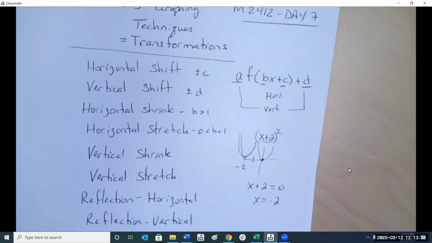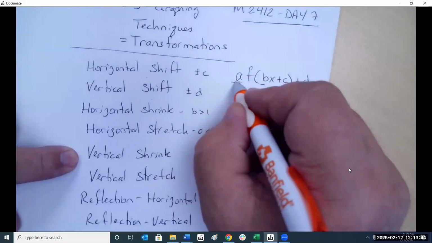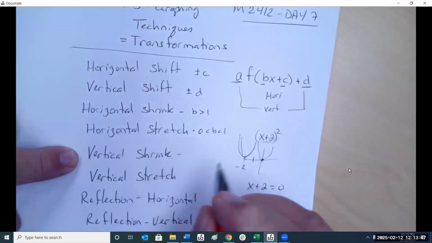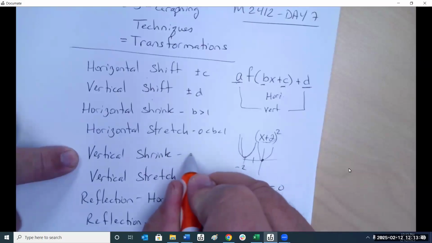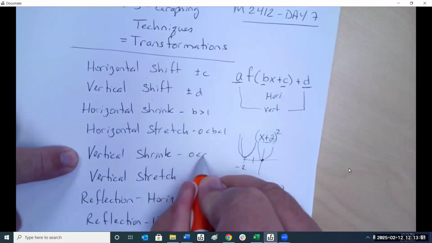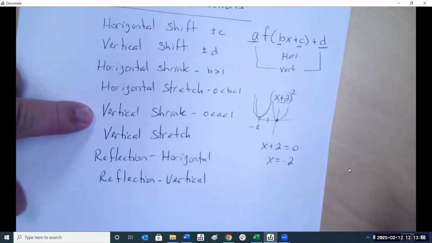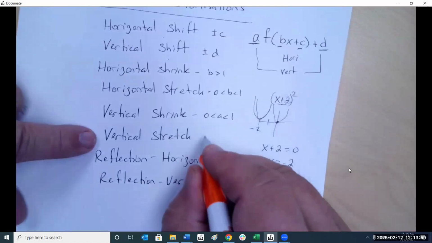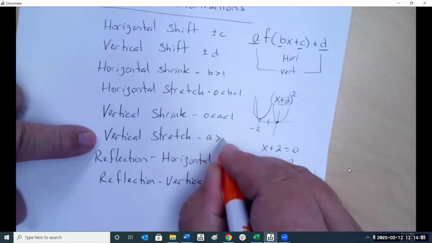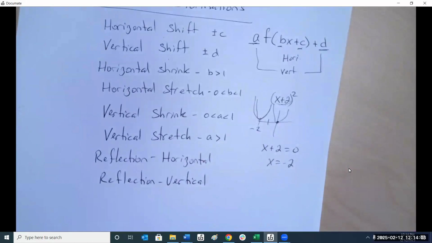It's going to be longer. Vertically, that's the A. If A is between 0 and 1, it shrinks. It gets smaller. If A is greater than 1, it stretches vertically.